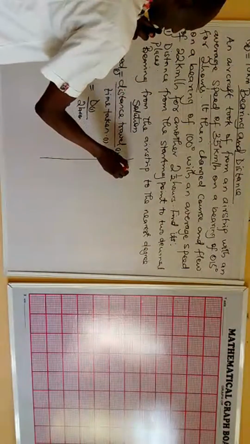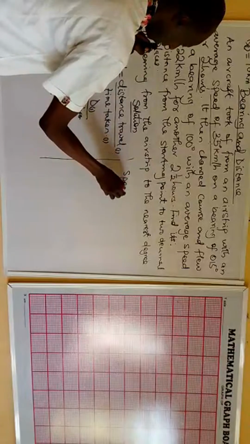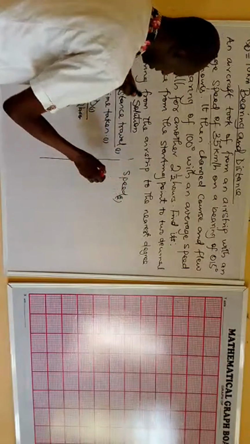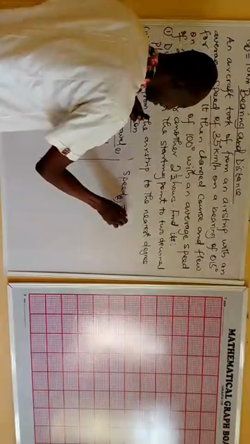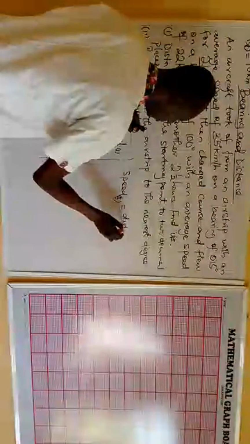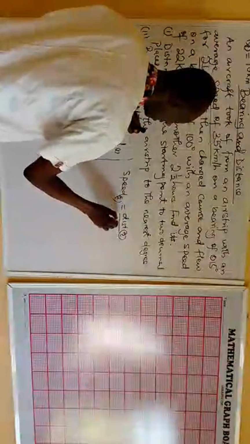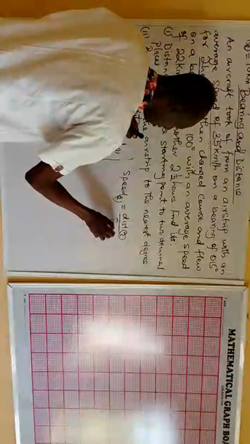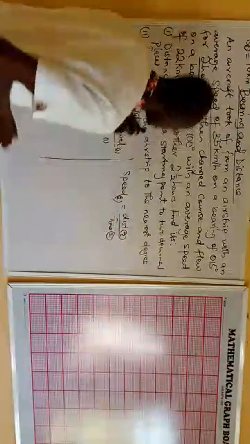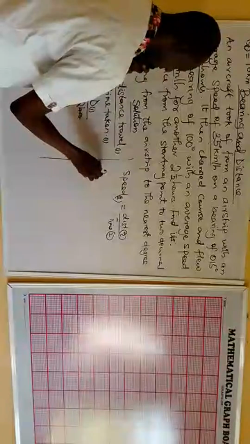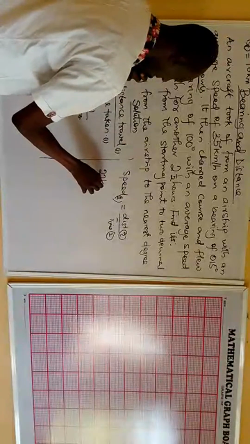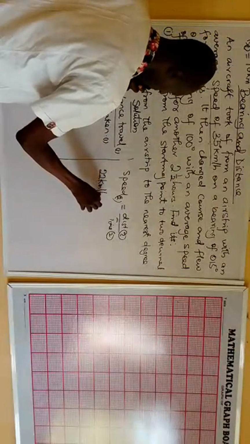The same formula: speed 2 is equal to distance traveled 2 over the time taken 2. Speed 2 is 22 km per hour.